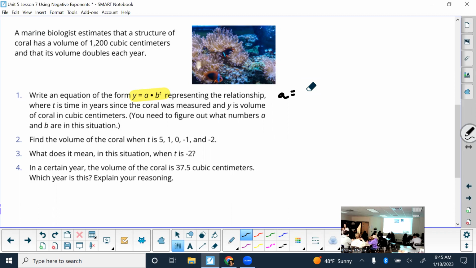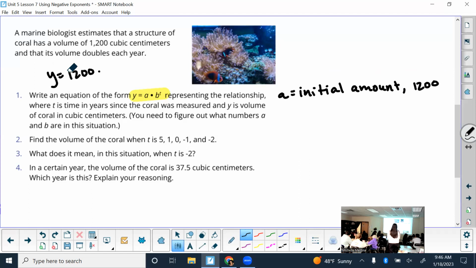Think about what we did yesterday, maybe last week. All right, class, help out. Initial amount, okay? So then knowing that A is your initial amount, then table 8, what is my initial amount in this problem? Good. All right, so when I make my equation, it'll be y equals 1200 times b.